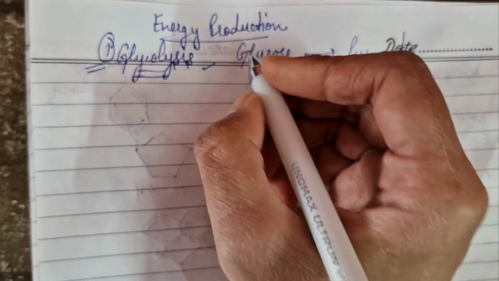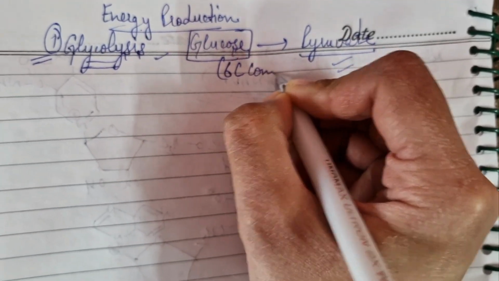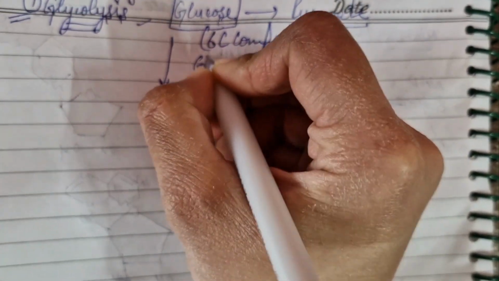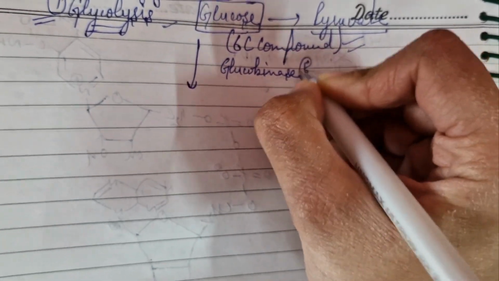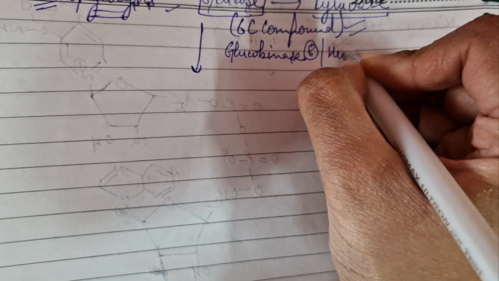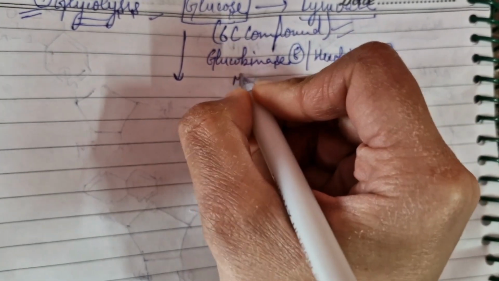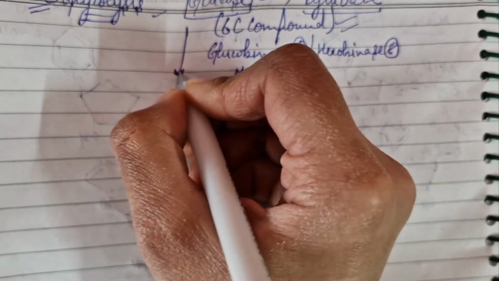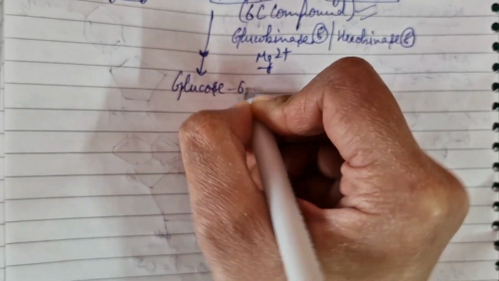So let's get started. First of all, glucose, which is a 6 carbon compound, in the presence of glucokinase or hexokinase as an enzyme, and magnesium Mg2+ present as a cofactor, gets converted into glucose 6 phosphate.